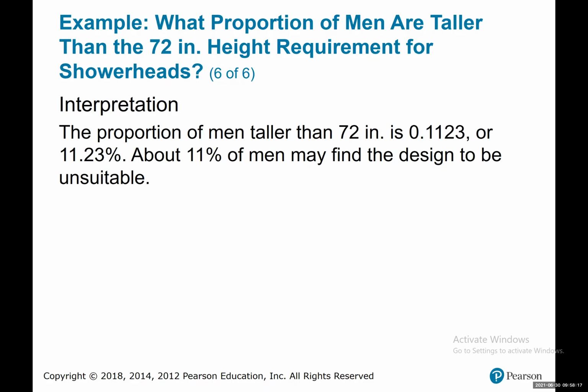The proportion of men taller than 72 inches is 0.1123. That is about 11%. So 11% of men may find the design to be unsuitable.